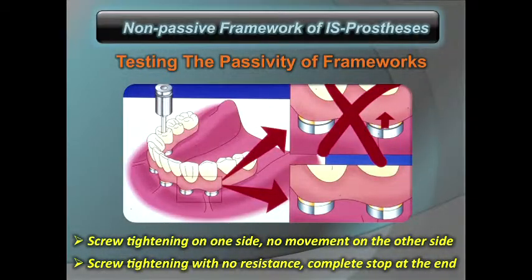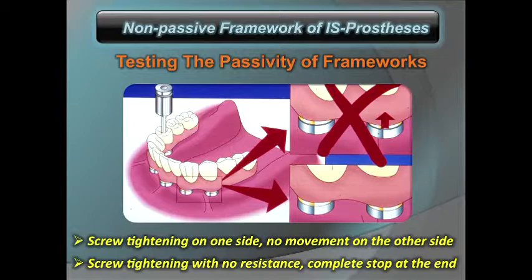Now, how to test if it is seated completely or not, especially for full mouth cases, for hybrid design prostheses? Well, you're going to put the prosthesis in, and then you are going to start screwing in the first screw on one side, and when you tighten it all the way, you touch the other side, it's not going to move.